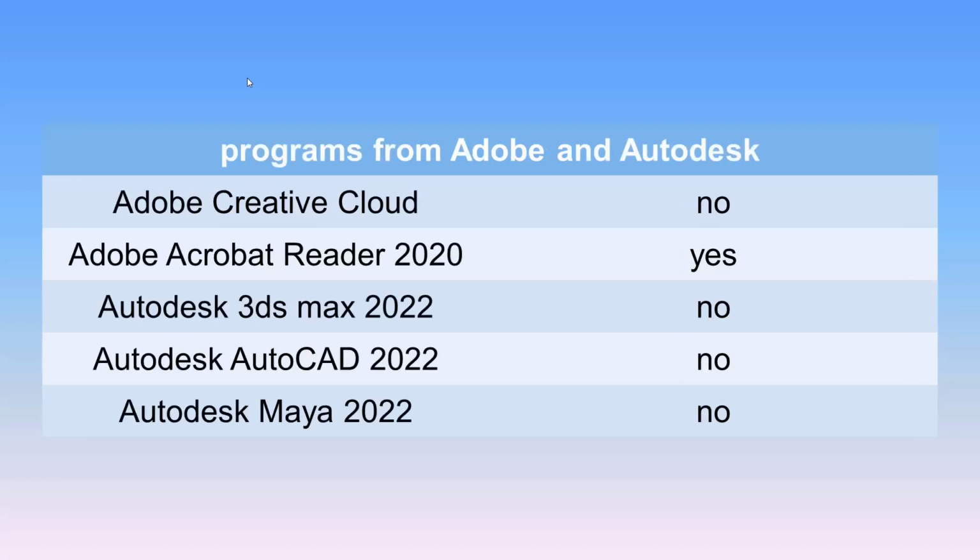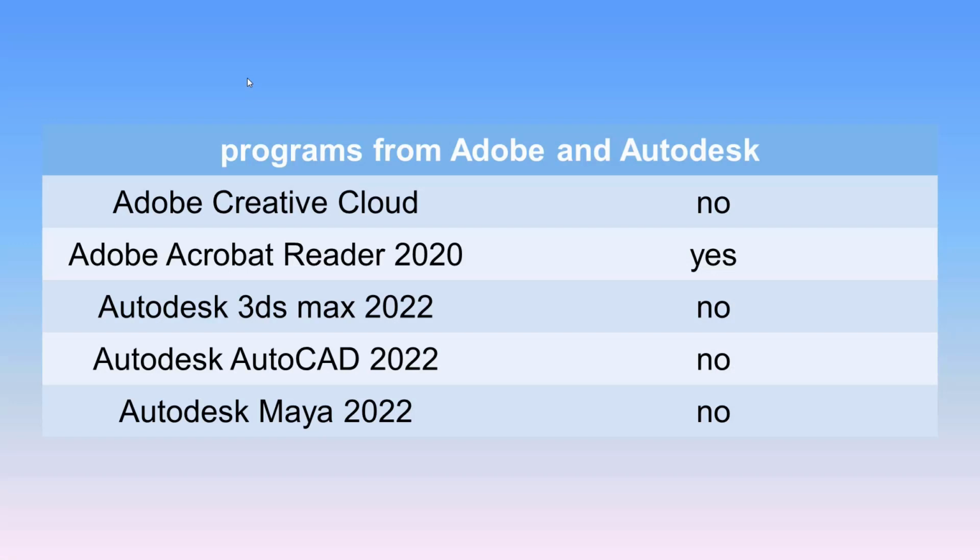If you want to use some programs from Adobe and Autodesk, the programs from Adobe Creative Cloud do not work on Windows 8. The latest versions do not work. Acrobat Reader 2020 works, but Autodesk 3ds Max 2022, AutoCAD 2022, and Maya 2022 do not work.